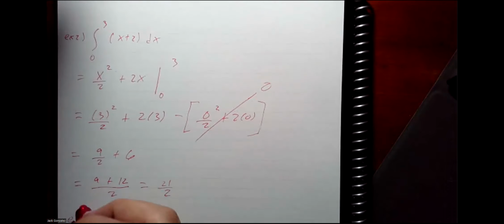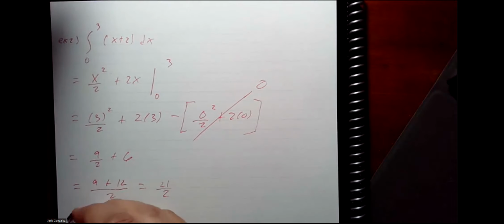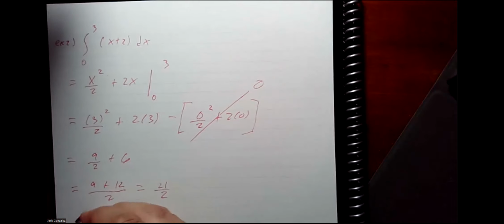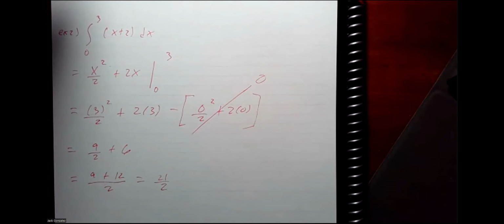Okay. Now let's do one that has an actual area. I guess we should do it on the next page. Any questions on example 2? You see all it is, is the antiderivative, and then you evaluate the bounds to find this number.